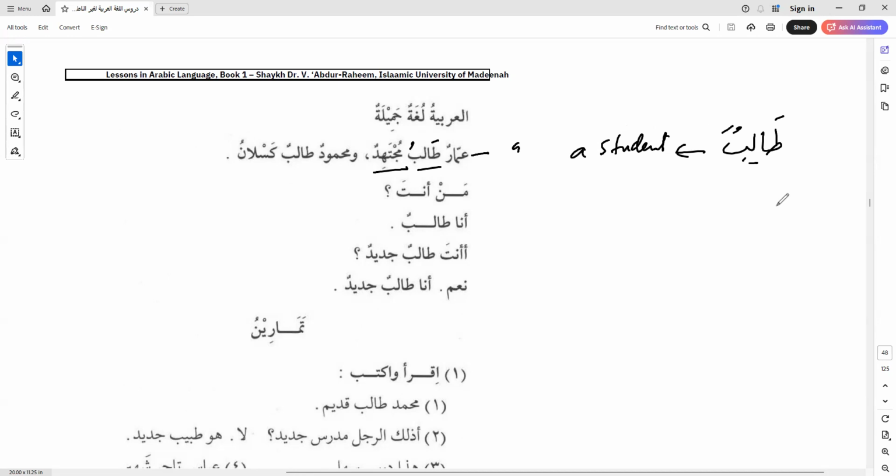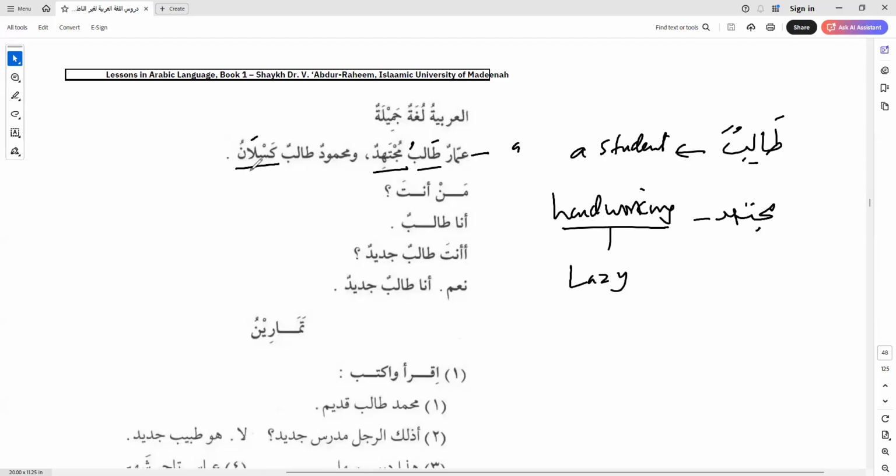Mujtahidun, hard working, or somebody who's industrious. He works hard. Mujtahidun, hard working student. Now, if you are not hard working, you are lazy. So in Arabic, if you are lazy, we call you kaslanu.